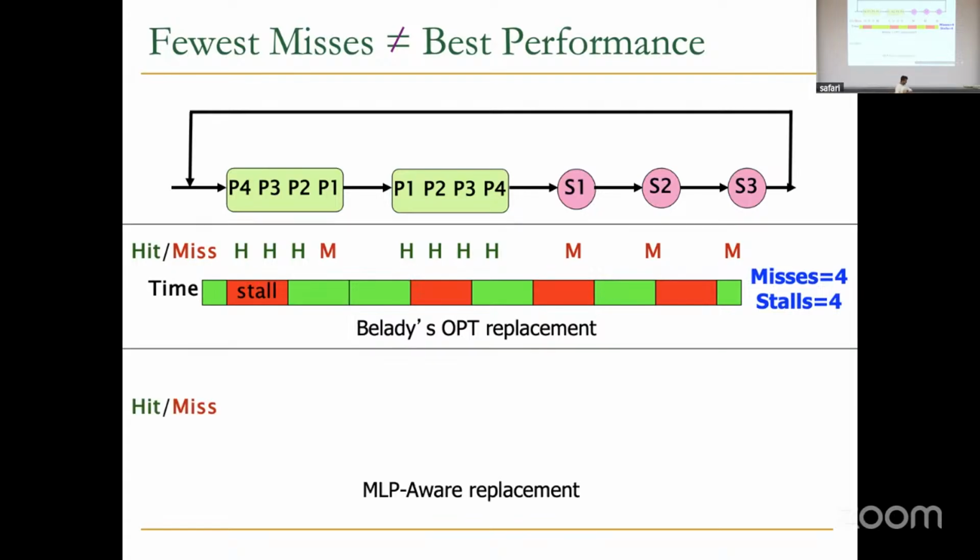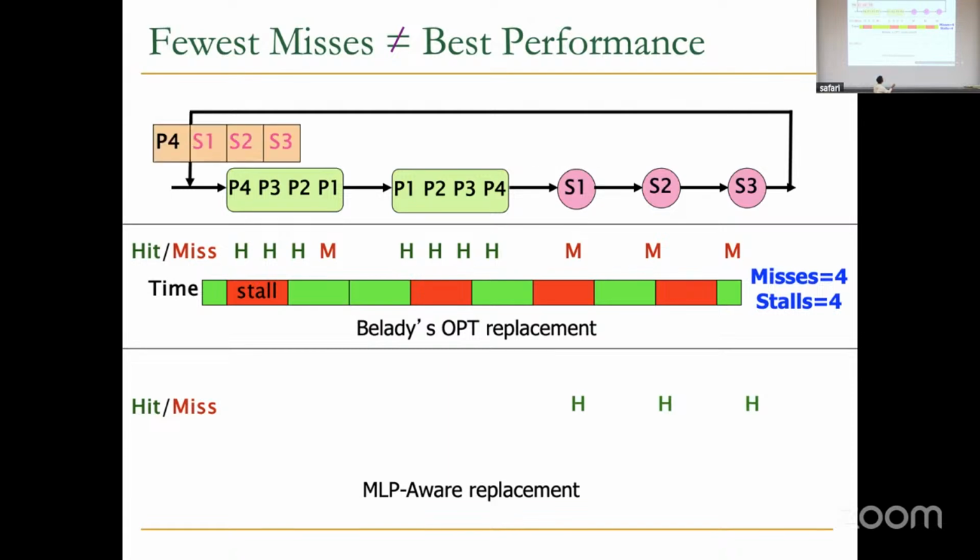Now, let's say you have an MLP-aware policy. How does it look? Think of it this way: your steady state is here. For example, let's say you have the content in the cache P4, S1, S2, and S3. Now you are going to access S1. You have S1, S2, and S3, so these three are going to be hits.